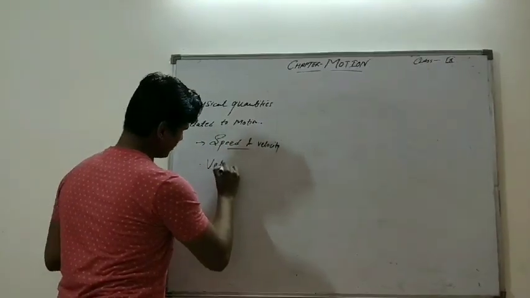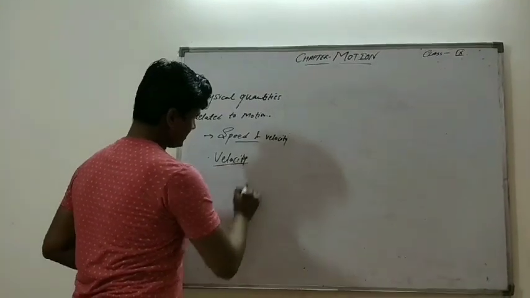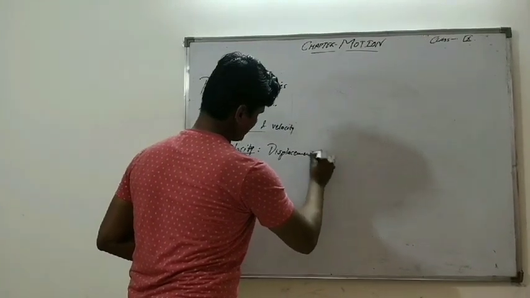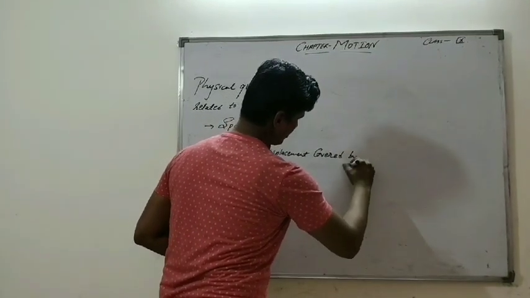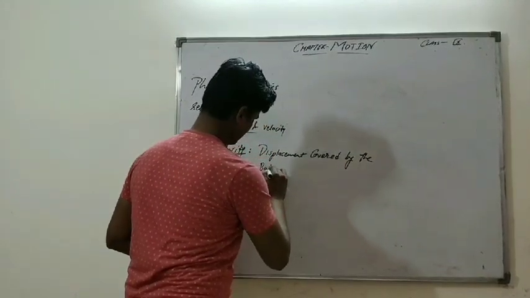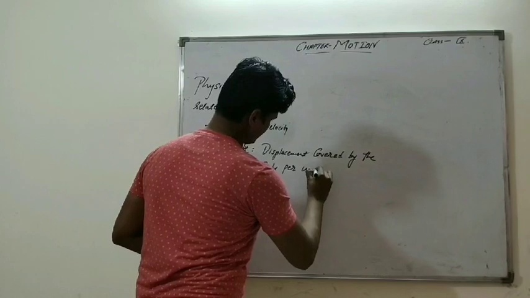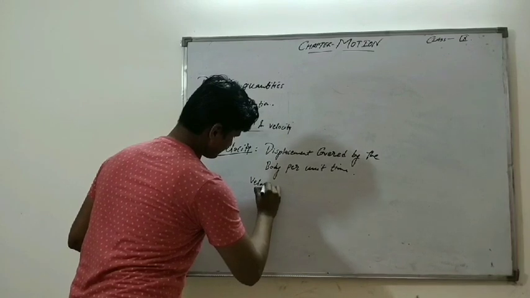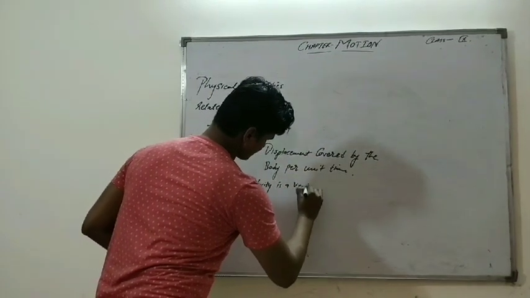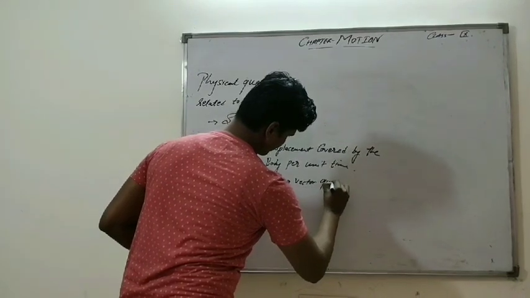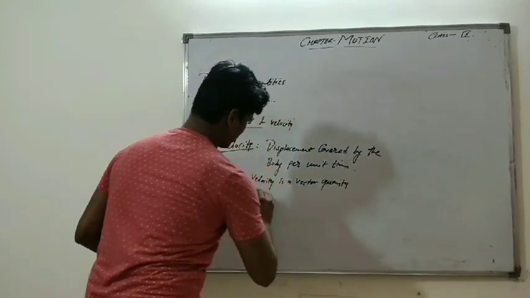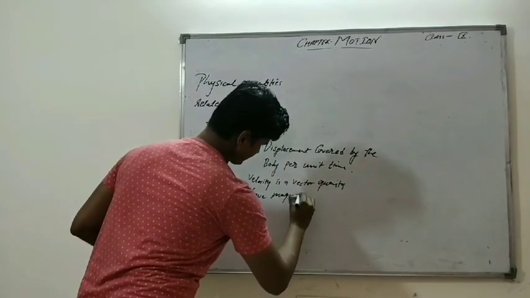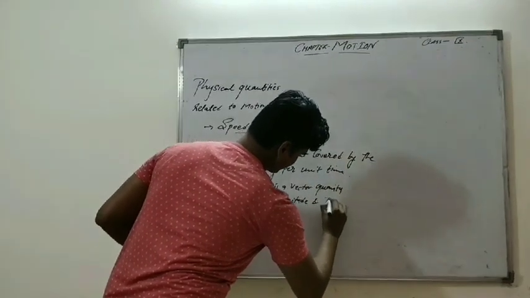Now we understand velocity. It is defined as the displacement covered by the body per unit time. Students, velocity is a vector quantity because it has magnitude and direction.